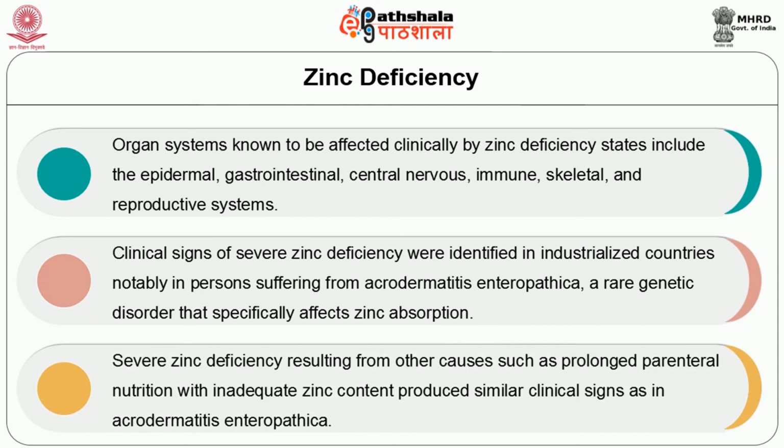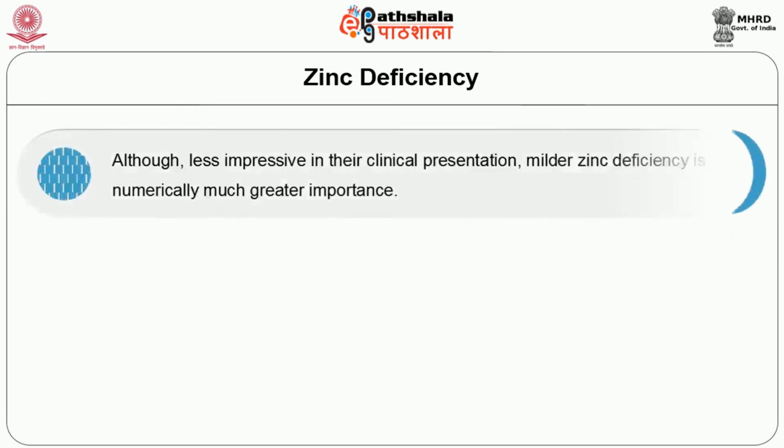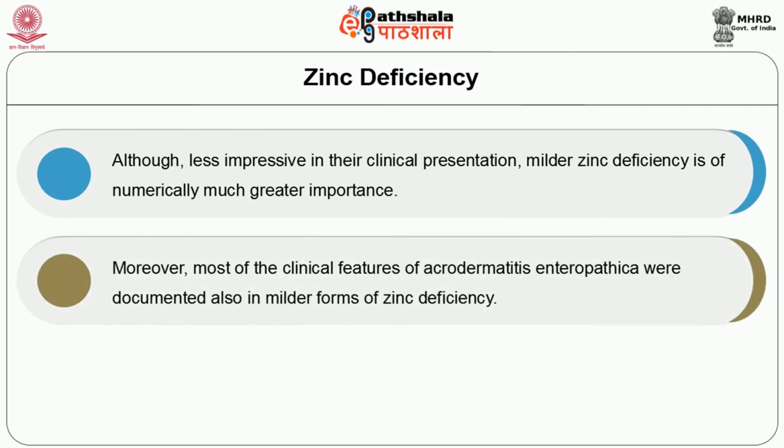Severe zinc deficiency resulting from other causes, such as prolonged parenteral nutrition with inadequate zinc content, produced similar clinical signs as in acrodermatitis enteropathica. Although less impressive in their clinical presentation, milder zinc deficiency is of numerically much greater importance. Moreover, most of the clinical features of acrodermatitis enteropathica were documented also in milder forms of zinc deficiency.